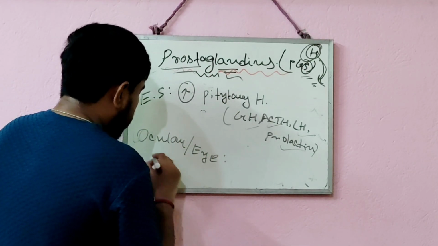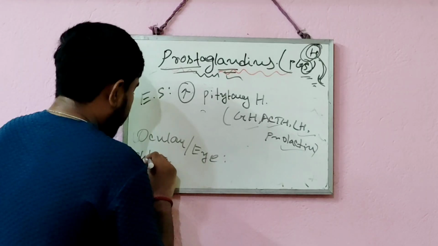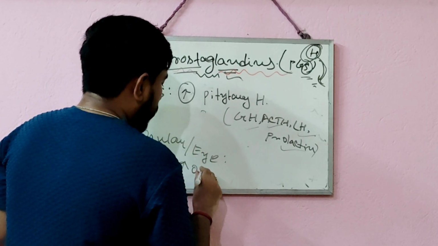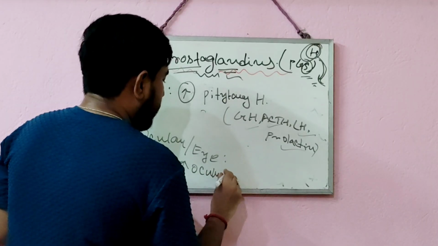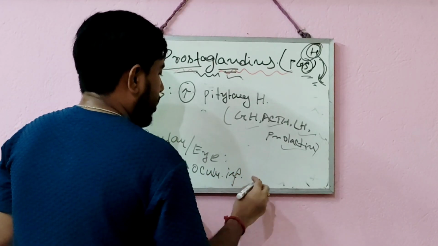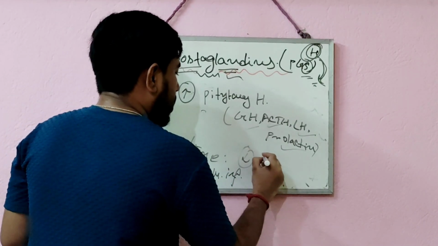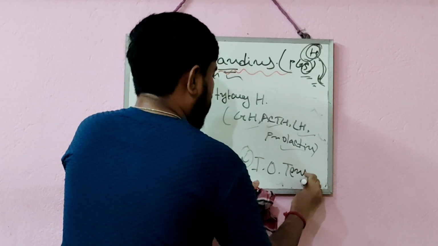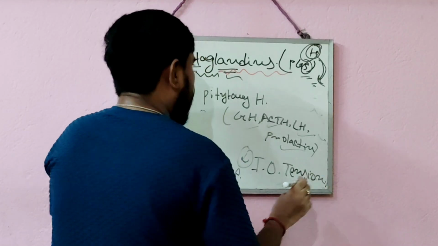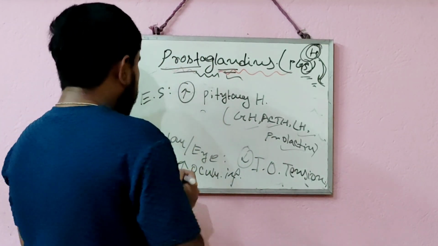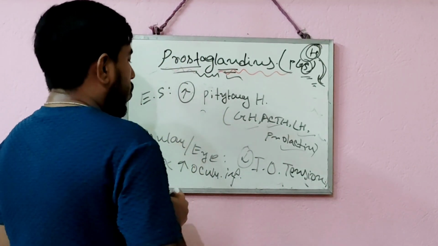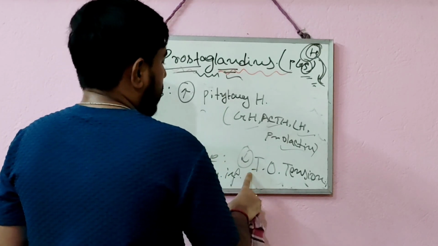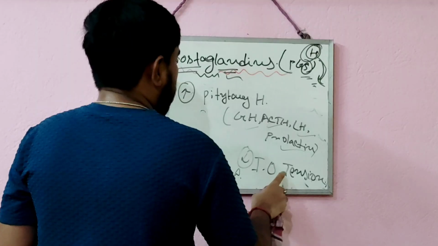Here prostaglandin F2 alpha generally increases ocular inflammation and decreases intraocular tension. So in the eye, prostaglandin will increase the ocular inflammation and reduce the intraocular tension.